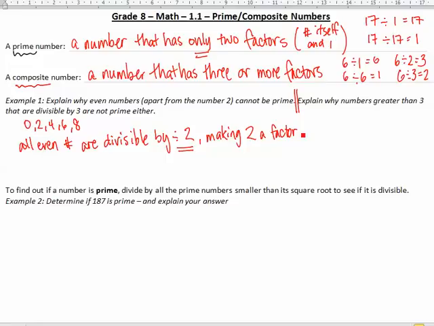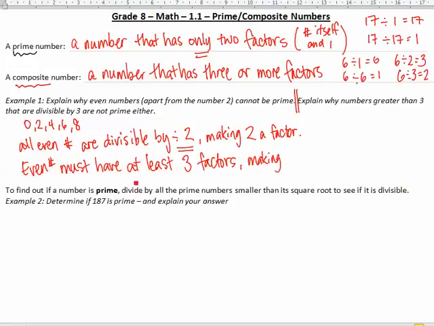So the reason why it can't be prime is even numbers must have at least 3 factors: 1, itself, and the number 2, making the number composite.